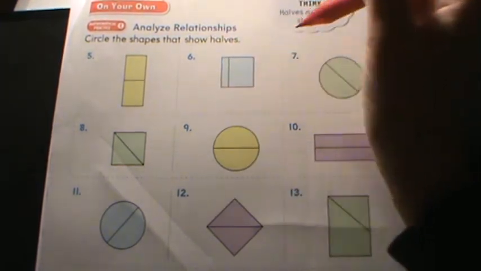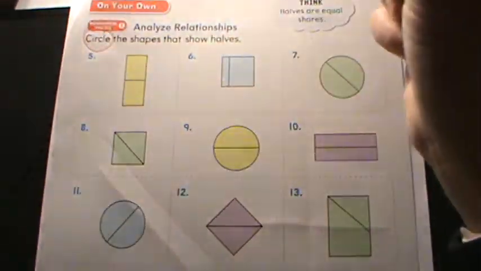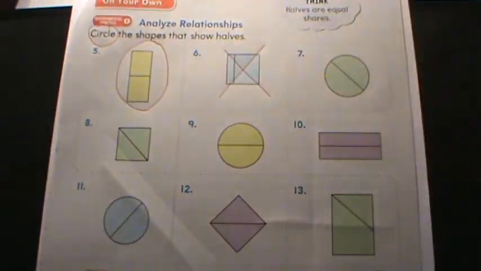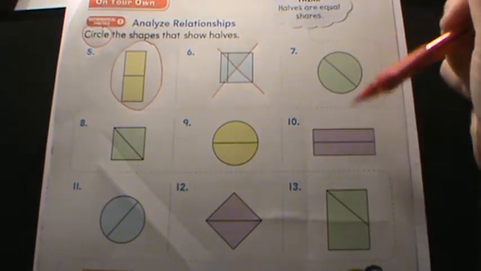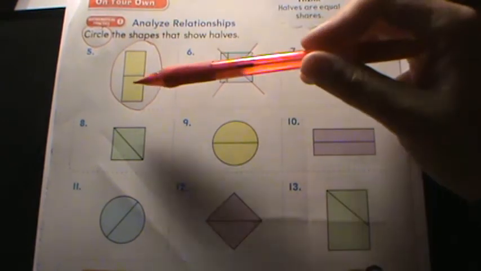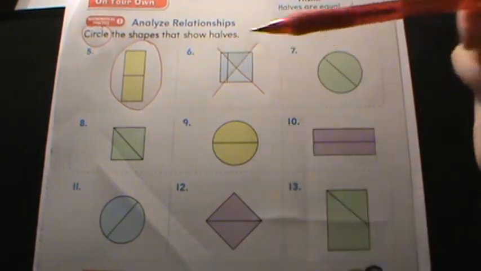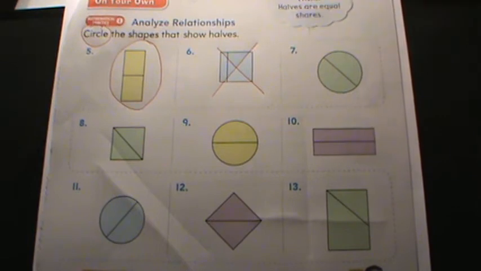If not, you can put an X on it or leave it alone. So number 5 I would circle because it is showing halves. 6 is not. So you're going to do the same for 7 through 13. Circle it if it is showing halves. X it out or leave it alone if it is not.